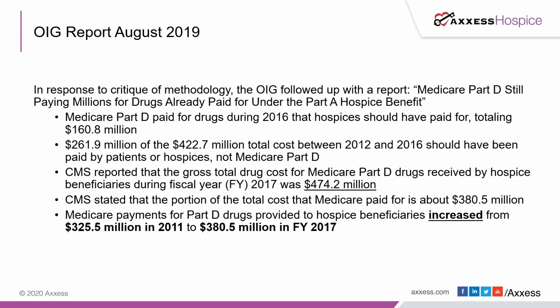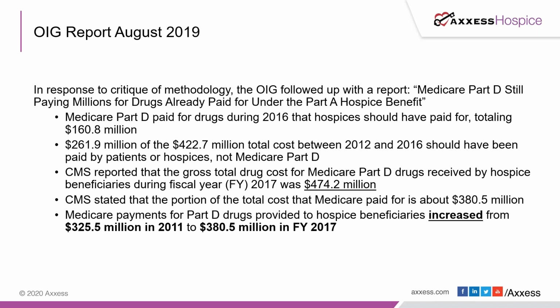The second report that came out at the same time was also titled very clearly, Medicare Part D still paying millions for drugs already paid for under the Part A hospice benefit. They were very transparent in all of their methodology. It was a very thorough report in response to CMS questioning their methodology on the 2012 report.